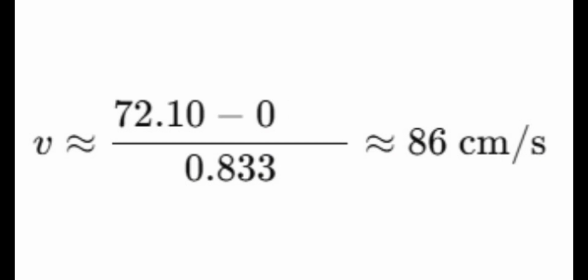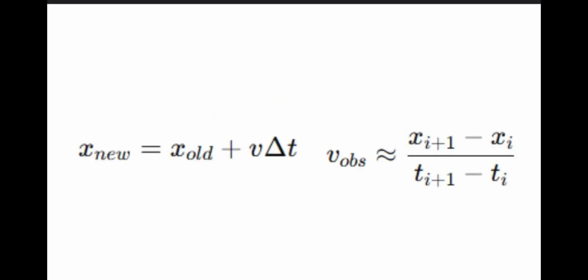The motion goes from 0 centimeters to 72.1 centimeters over 0.833 seconds, which gives me a velocity around 86 centimeters per second. So I set the model's initial velocity to exactly 86.55 centimeters per second. In GlowScript, I updated position with x new equals x old plus v delta t, because velocity is constant in this model.